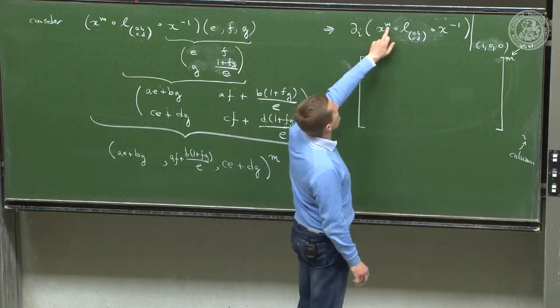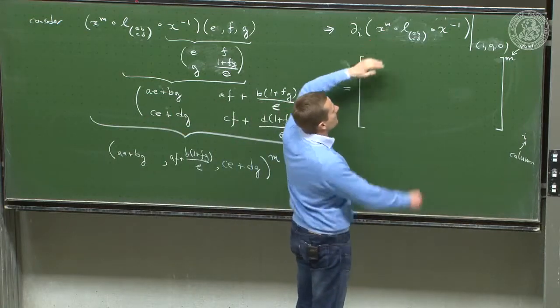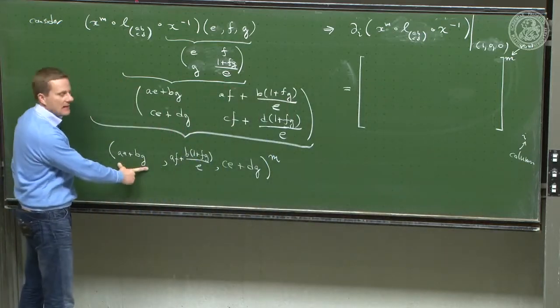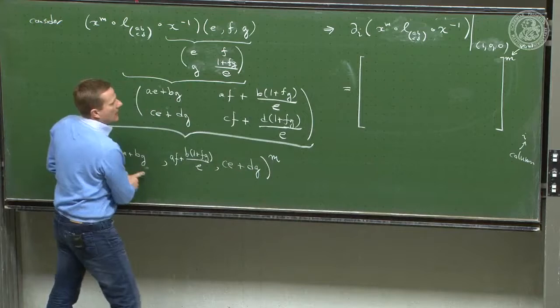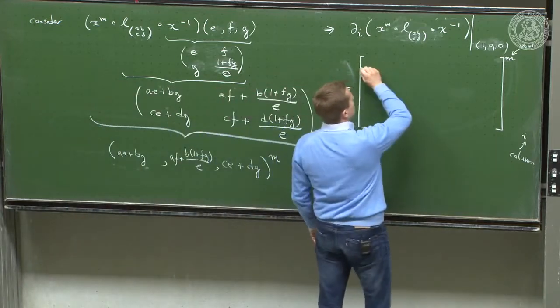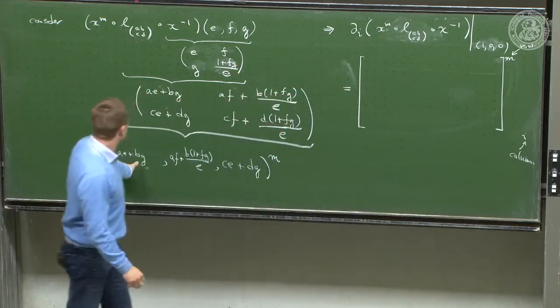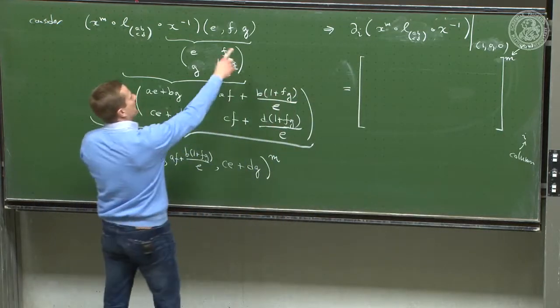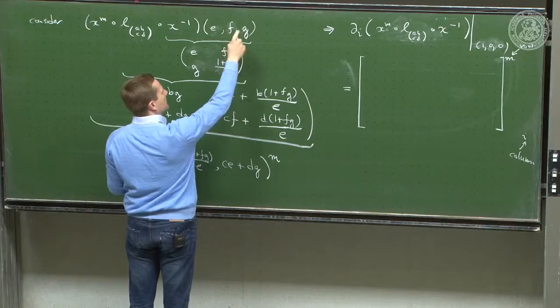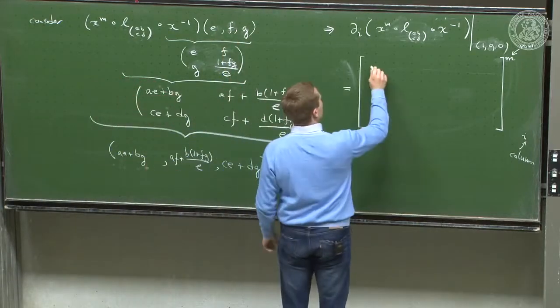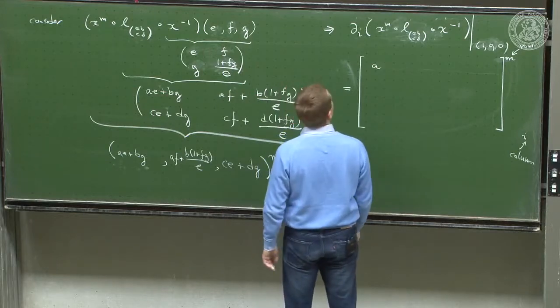So I first fix the m to be 1. That means I look at this first entry. That's m equals 1. And that means I'm in the first row. So I now fill out the first row. And I take this first entry and I derive it with respect to first E, then F, and then G. So the first one with respect to E is A. Done.